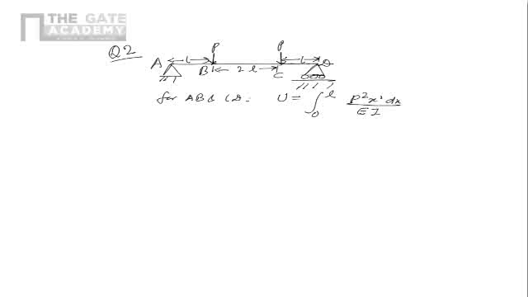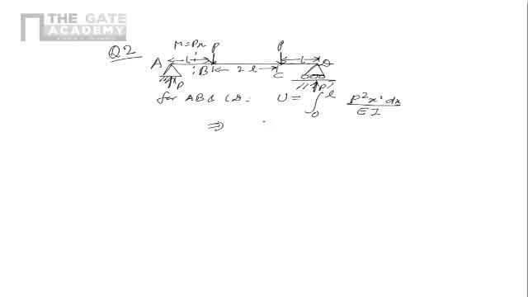Why is it Px? Because each reaction is also P, since the load is evenly distributed, so the reactions are equal to the applied forces P and P. So at any section here, the bending moment M is Px, hence this is the value of U.